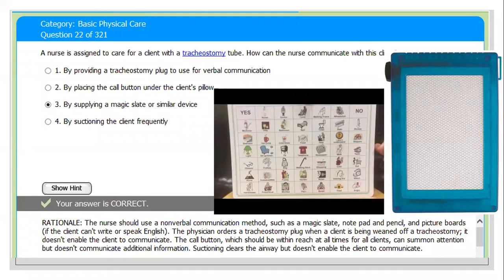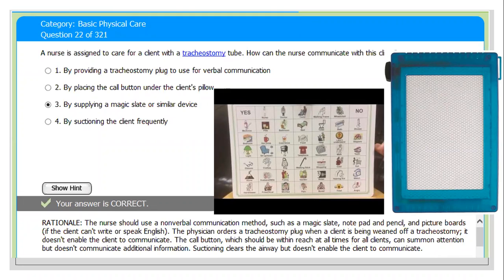So the major aspect of nursing care of a patient with a tracheostomy is communication. In most situations, communication is primarily nurse initiated and controlled.